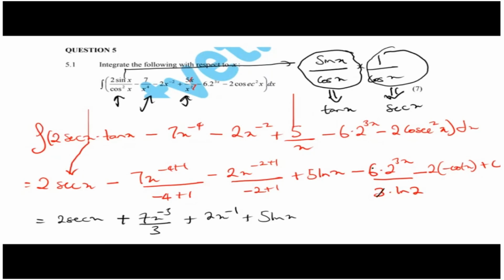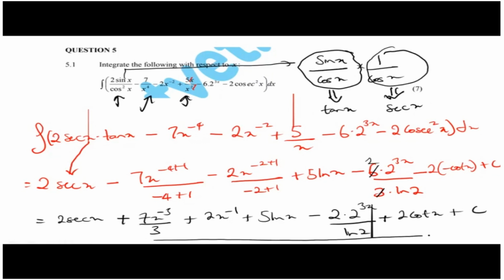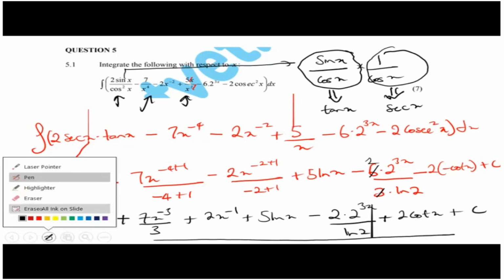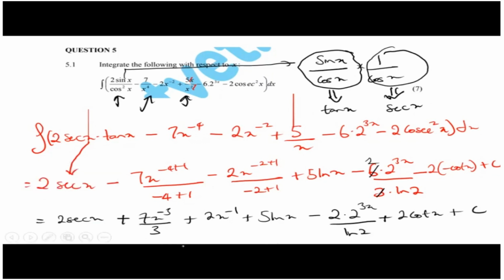Then this one cancels this one. So you have 2 times 2 to the power 3x over 3 ln 2. Then here will be plus 2 cot x plus c. And that is how to integrate that one.